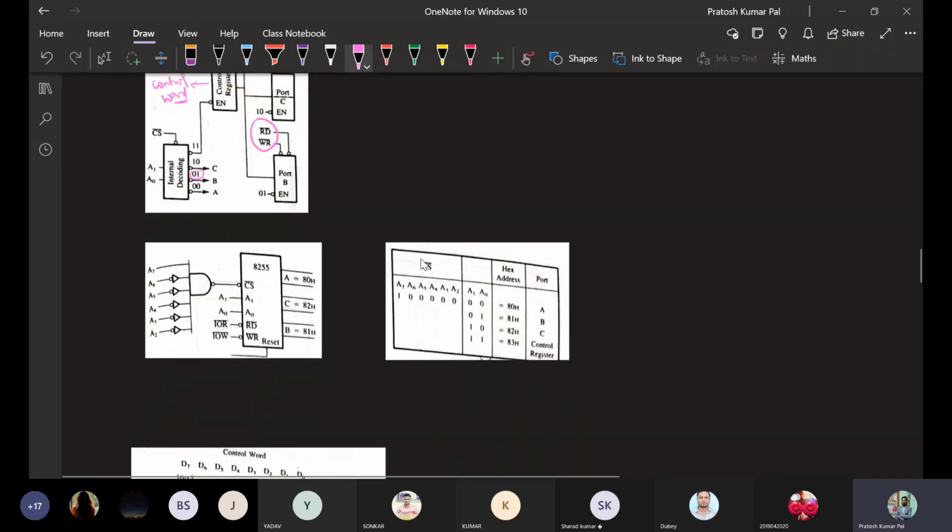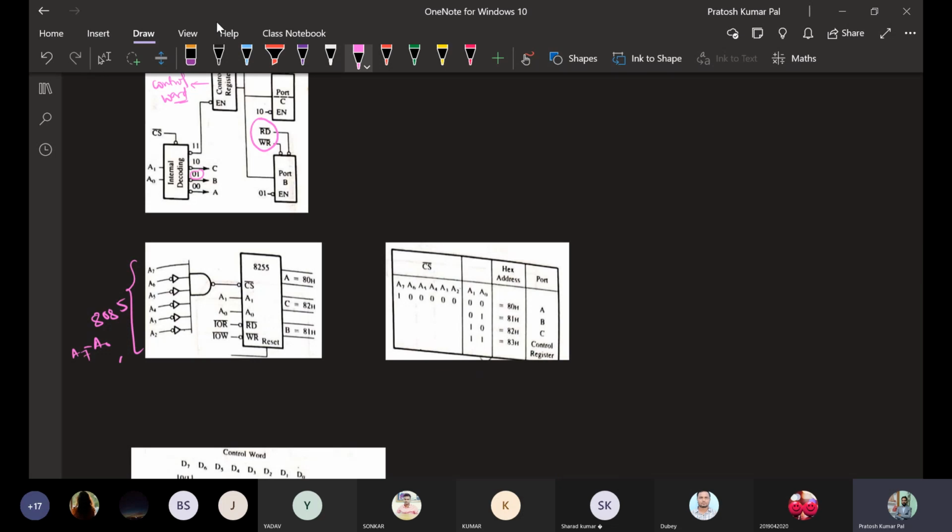Now we will see how we decide the port addresses. These are the address lines of 8085, which has addresses from A0 to A7.